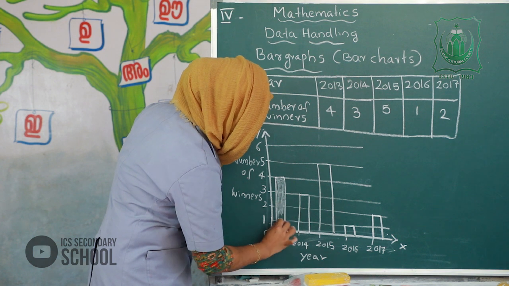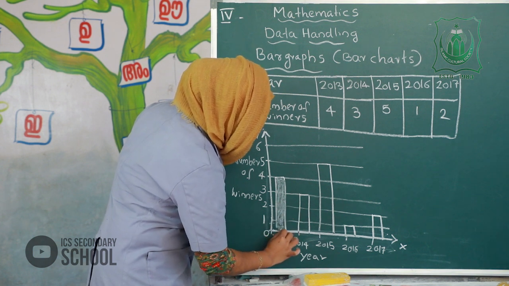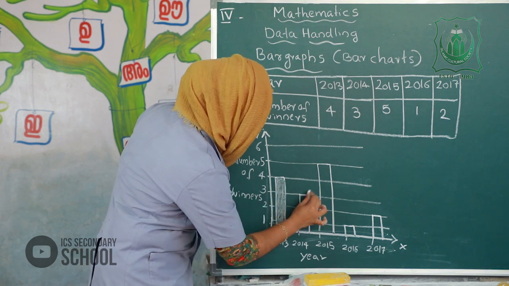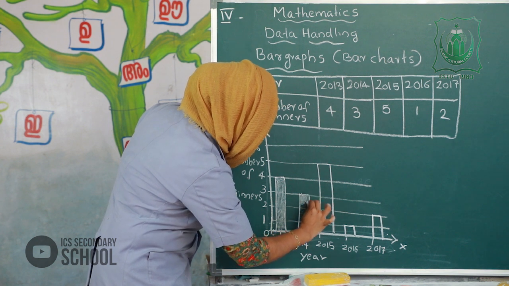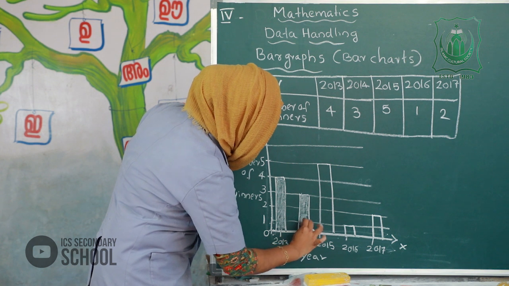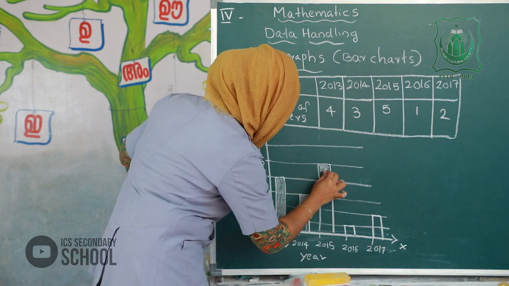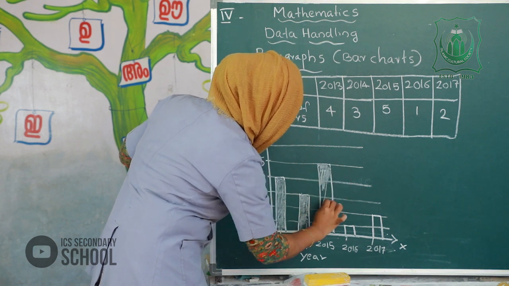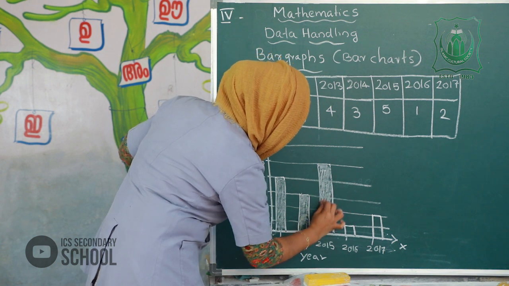And this is the representation of the winners. The winners in 2014, 3, we can represent as bar charts, and here 2015, how many winners are there?